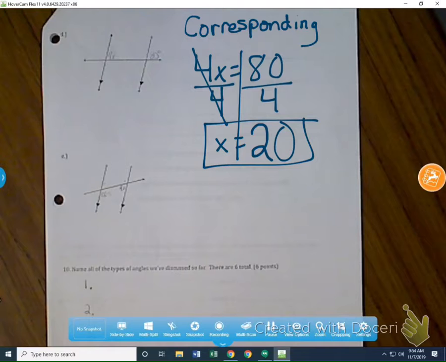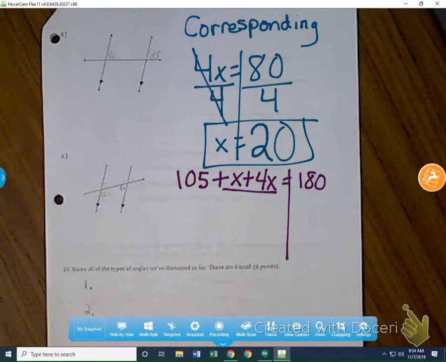There's same side interior. Chris, same side interior angles are supplementary. So, what's my equation here? 105 plus x plus 4x equals 180. Good. So first thing I'm going to do is combine x plus 4x.